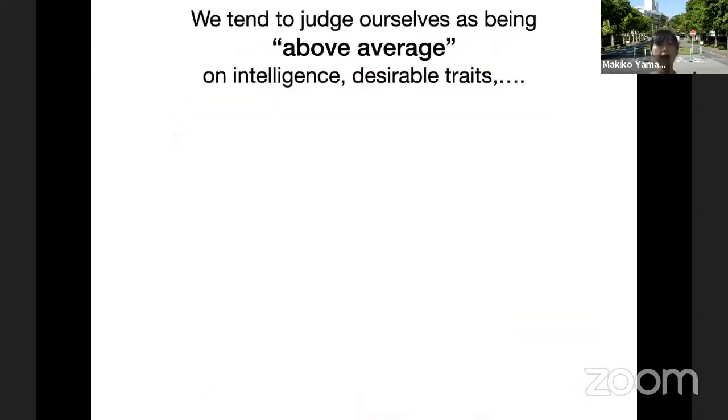In social psychology, actually, there are many studies indicating we have a skewed self-recognition. We tend to judge ourselves as being above average on intelligence, desirable traits, and so on.